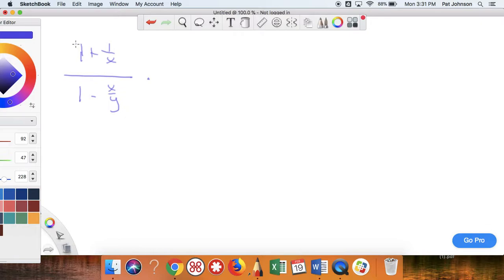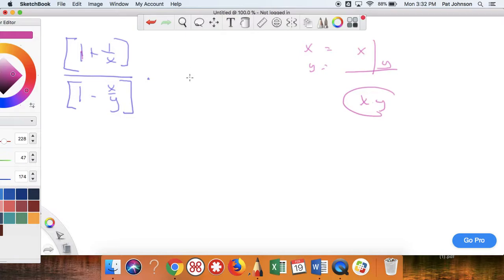So if we know that this is a numerator and this is a denominator, we look at every term. This has a denominator of 1 over 1 and 1 over 1. So my common denominator, if I got them, would be x and y, which is x times y. So that is my common denominator.